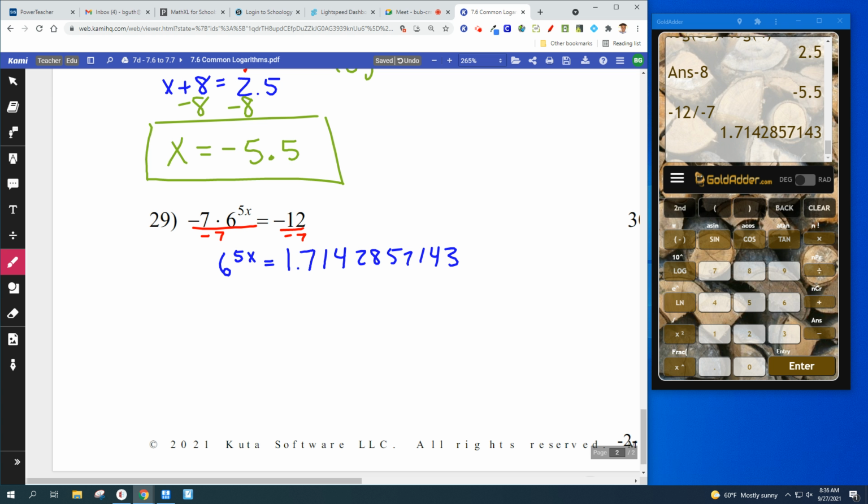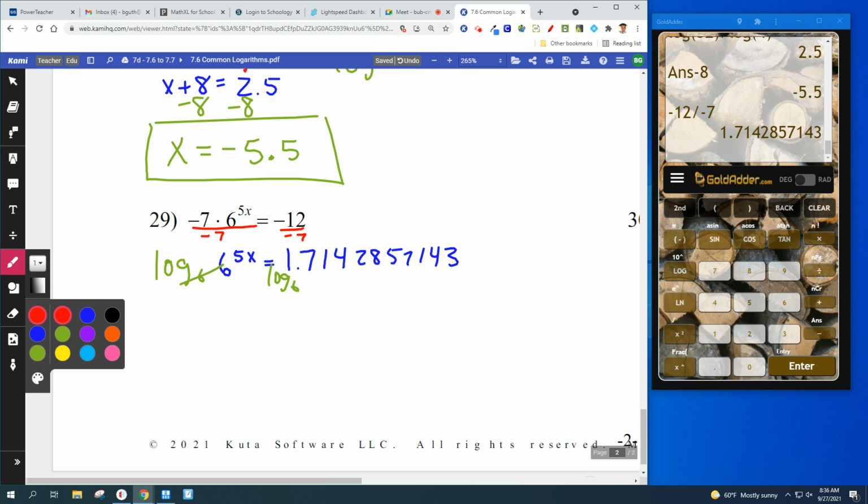But you've got that number in your calculator. A lot of times you can just use that number that's in your calculator. You don't necessarily have to write down the whole thing. But the next thing I need to do is get rid of my base 6. How do I get rid of my base 6? Log base 6, okay? We're going to use a log base 6 to cancel out that base 6.